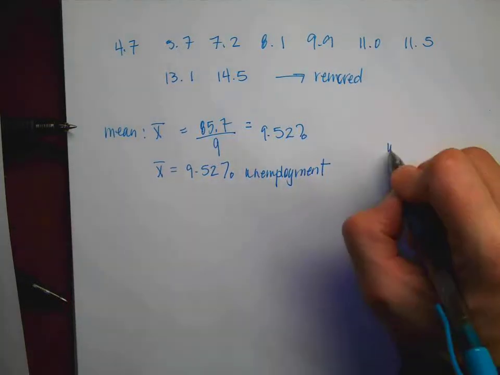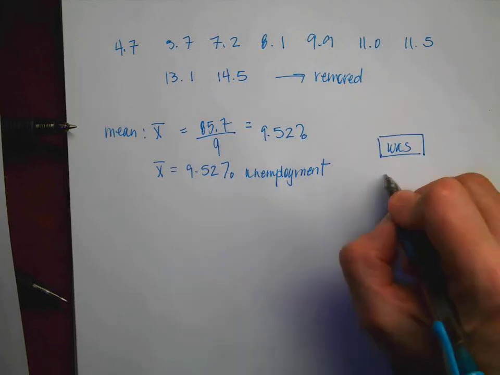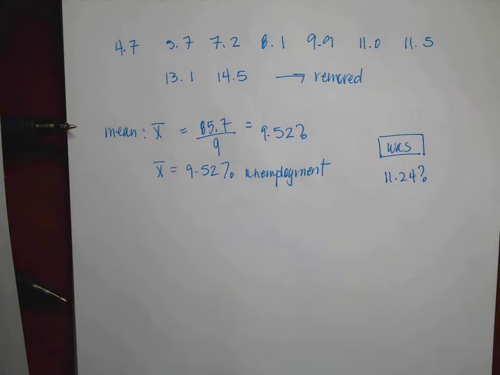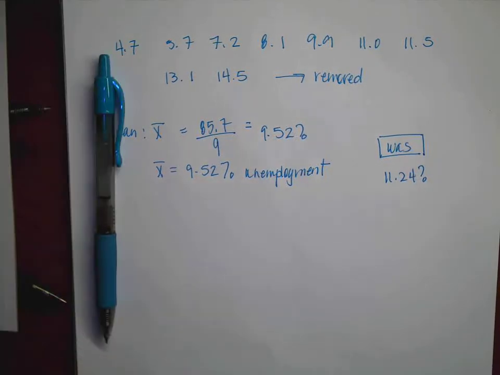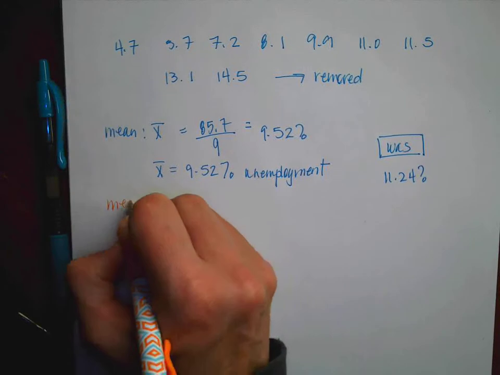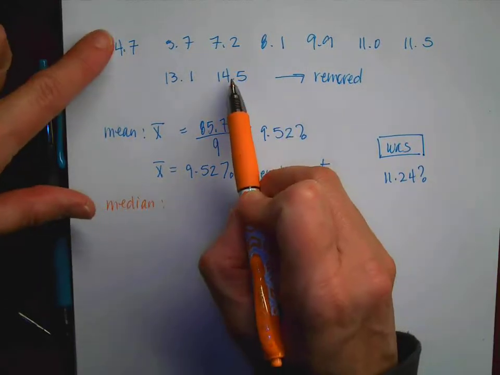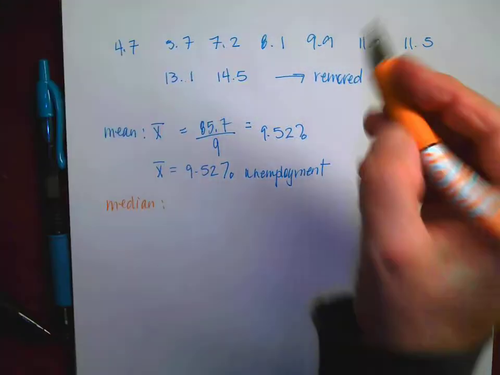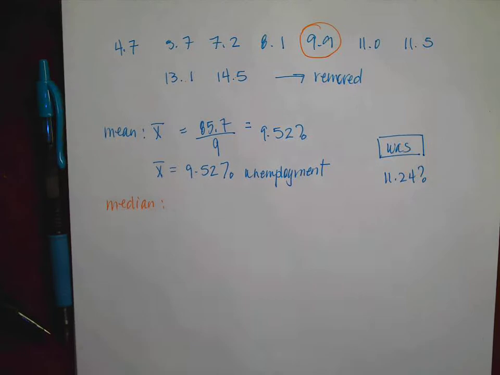unemployment. And we'll talk about what it was. Before we took out the outlier, it was 11.24% unemployment, okay? And then now let's look at the median. Let me get my handy-dandy other pen. So my median, okay, remember, so now I have this one, and then this one, this one, this one.